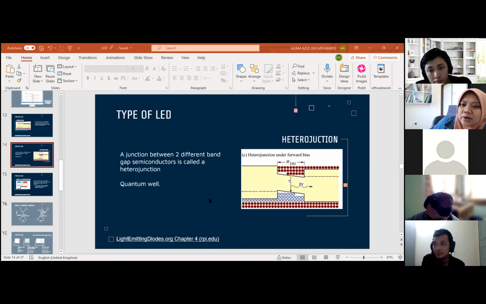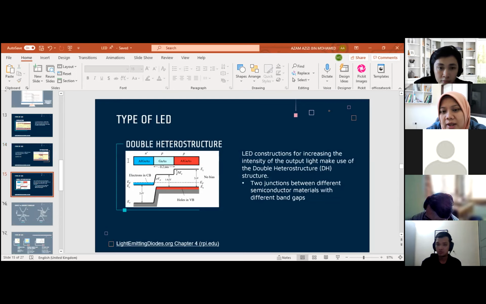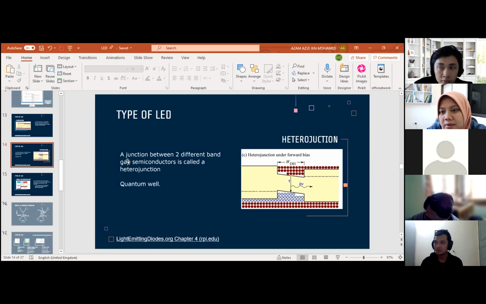Azam, what's your answer? Yes. So what's the material they use in the middle there? Just if you do research before, otherwise yes. When you answer yes, I have a confusion here. Are you saying heterojunction and quantum well are the same thing?